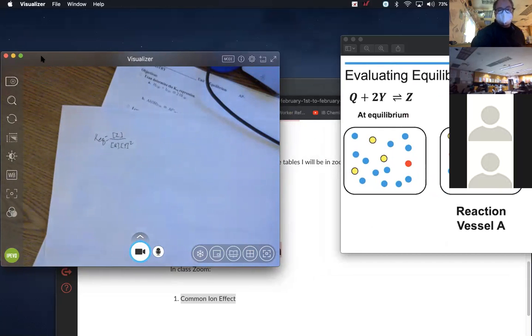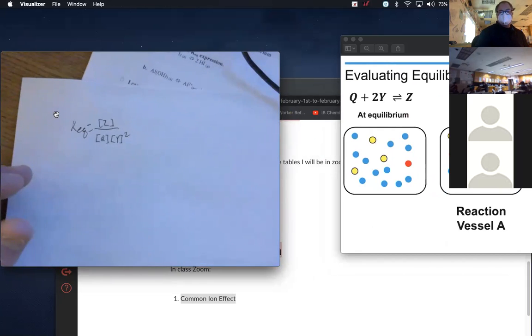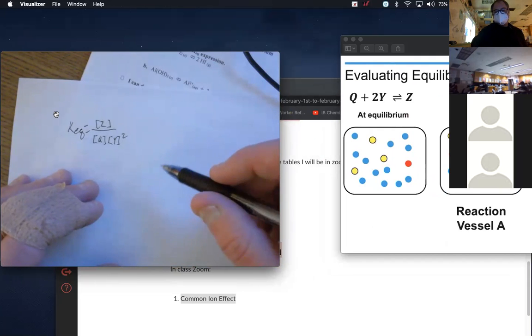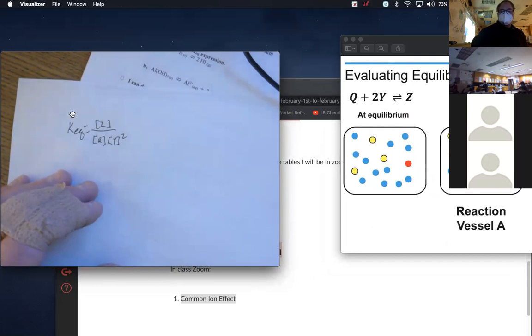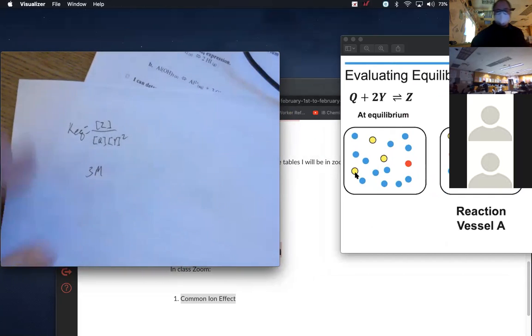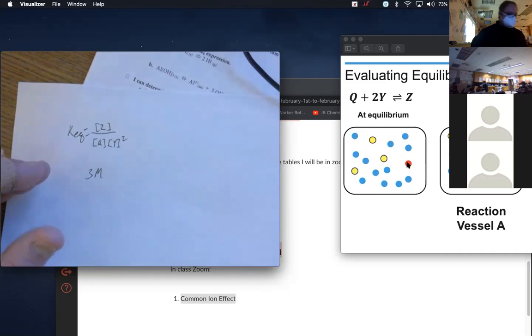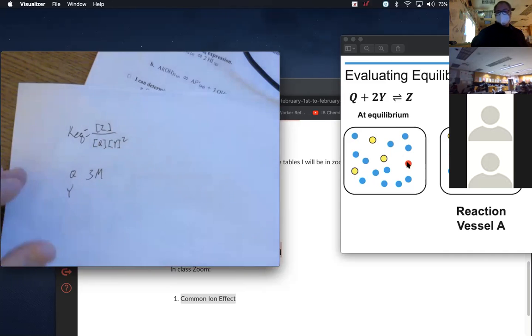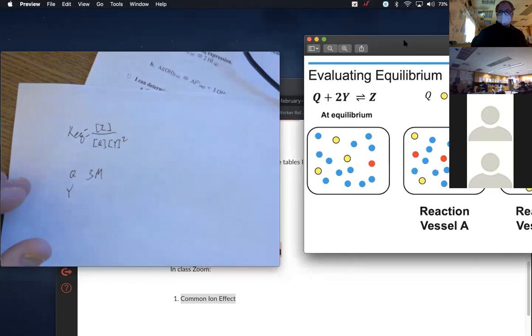Hopefully that's not too small at home. So how many Q's do we have? 1, 2, 3. So that is 3 moles per liter. And we can just do 3 particles, it doesn't matter. How many Y's? 1. And how many Z's? 12.